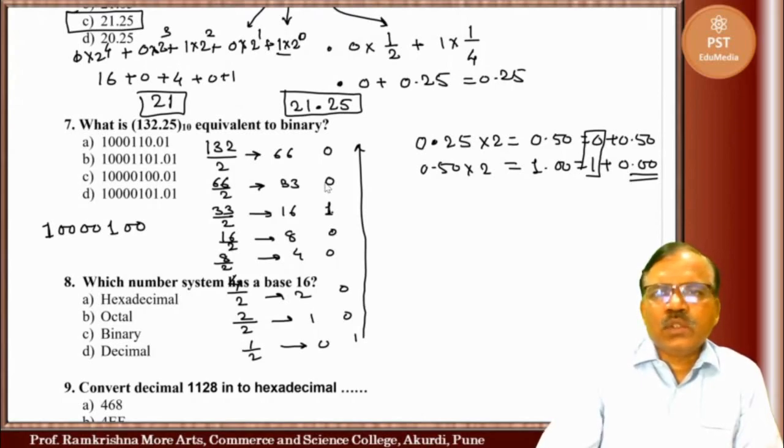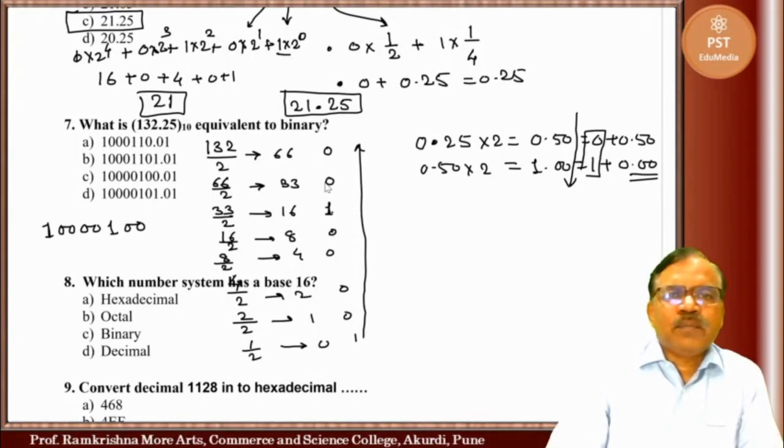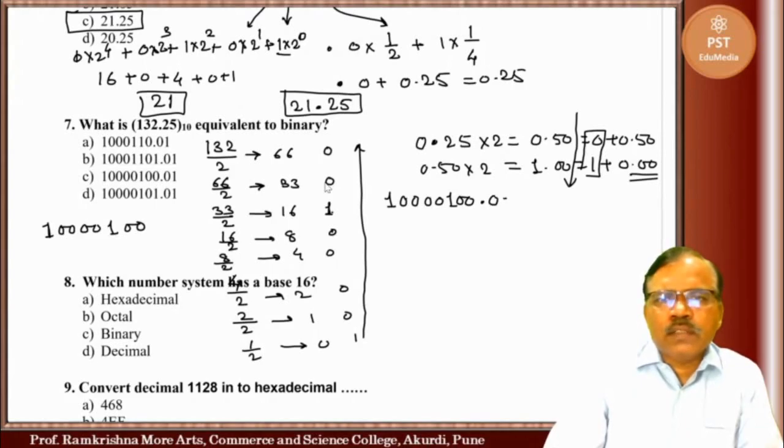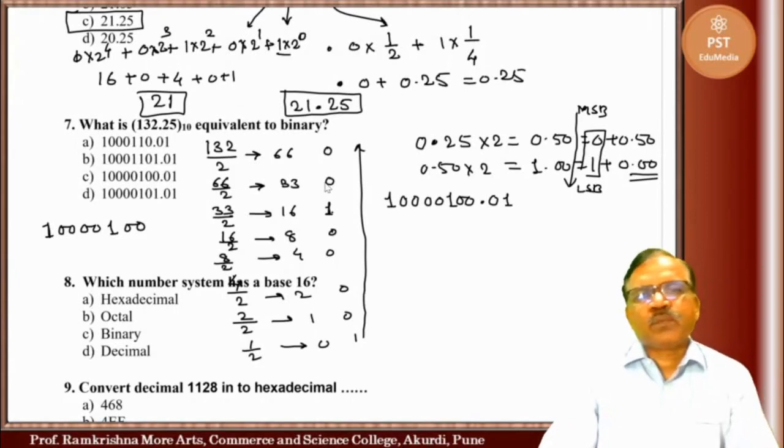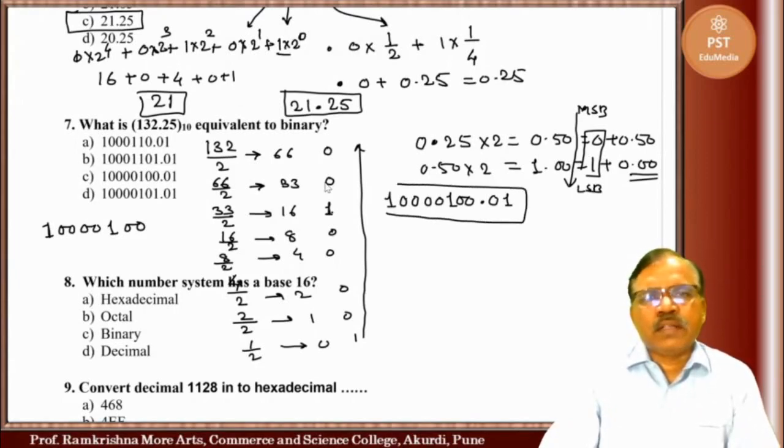So here you have to write from top to bottom. So here the number is 1, 0, 0, 0, 0, 1, 0, 0 point 0 1. Here the first bit is the most significant and the last is the least significant bit. So this is the number.